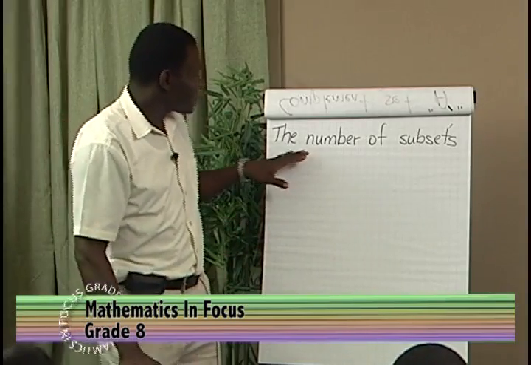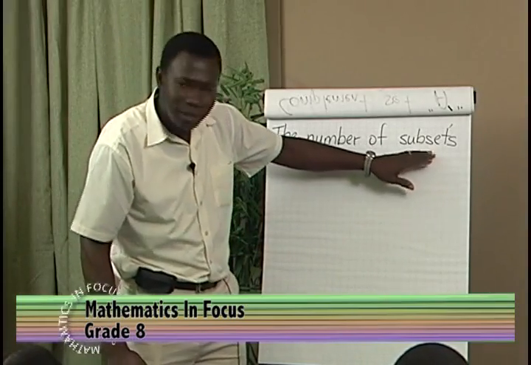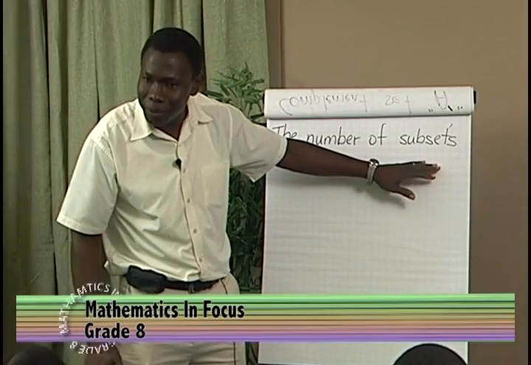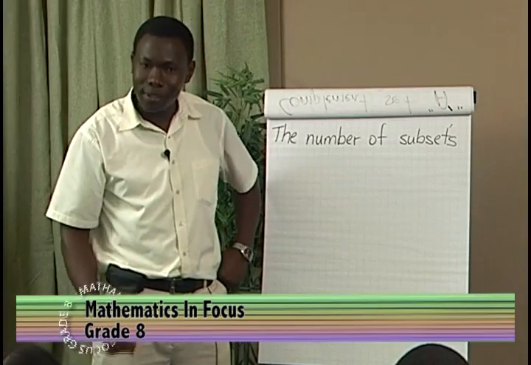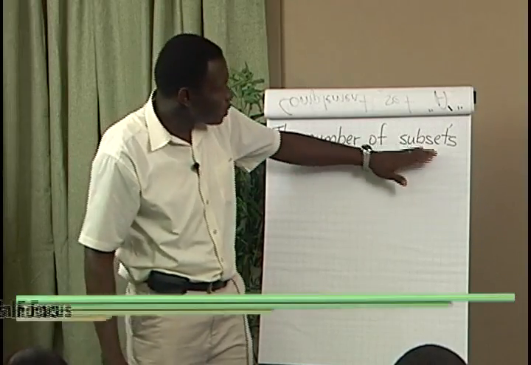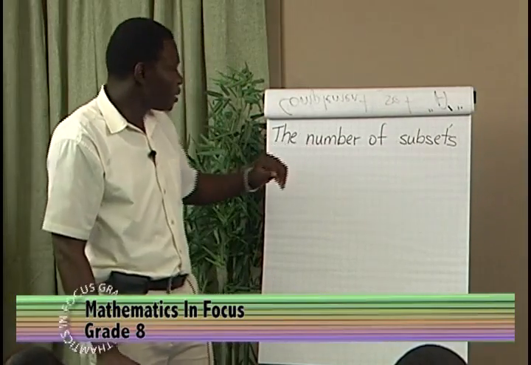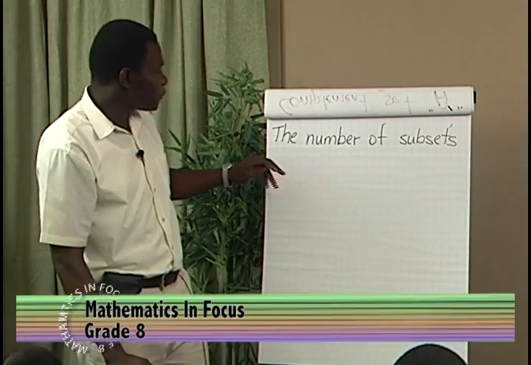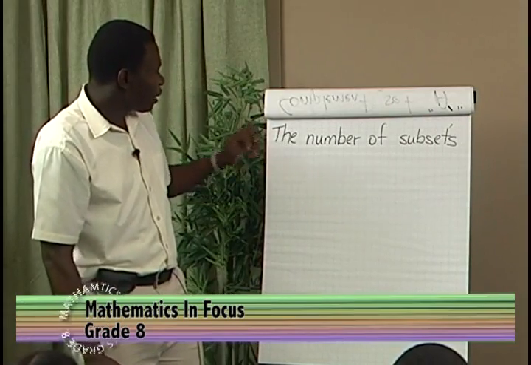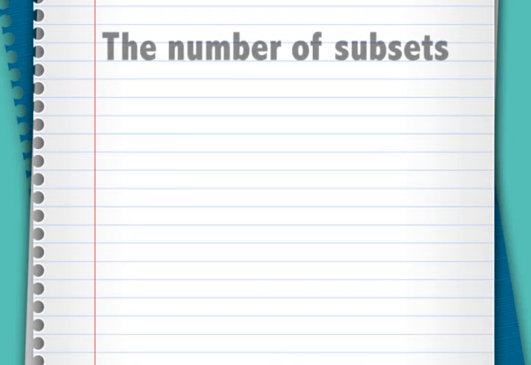Good. The last class, we just brushed on this topic, we barely touched on it. Subsets, right? We showed what a subset is, what is a subset of another set and so on. But today we're going to go a little further into this topic, and we're going to look at the number of subsets in a given set.